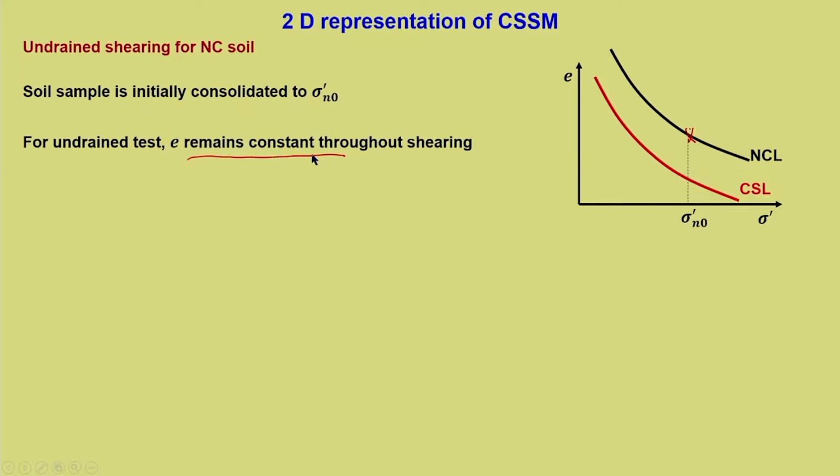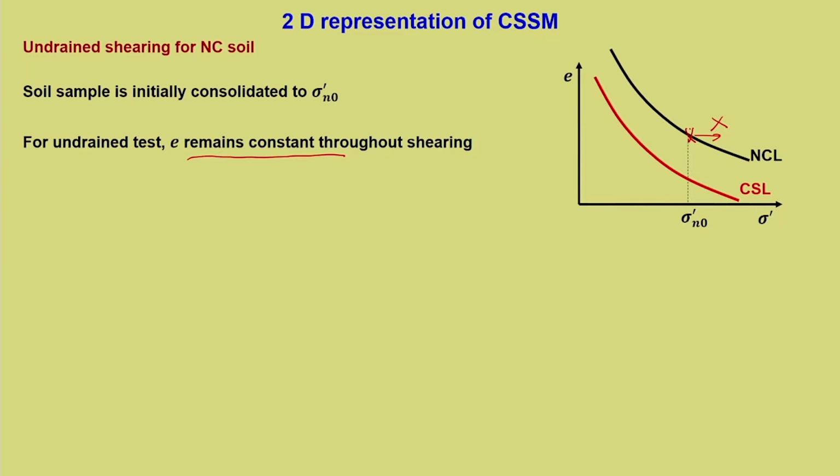So, we know that this is the starting point. It is very easy to predict what will be the path towards the critical state line at constant shearing. Definitely the state of the soil cannot move in this direction. This is an impossible state. We have seen that NCL becomes the right boundary. Now, during shearing, E remains constant.